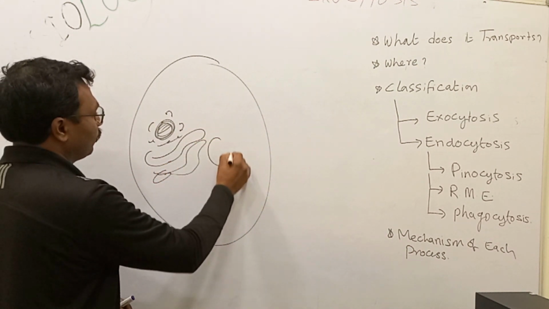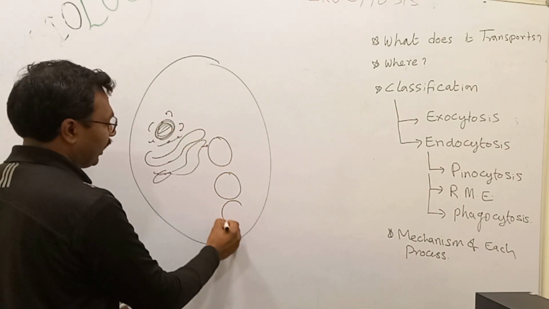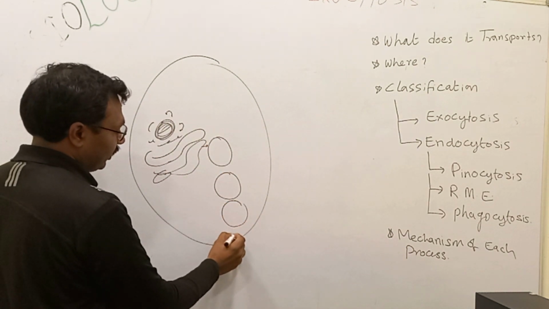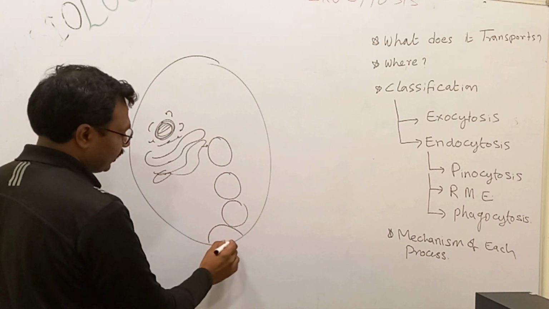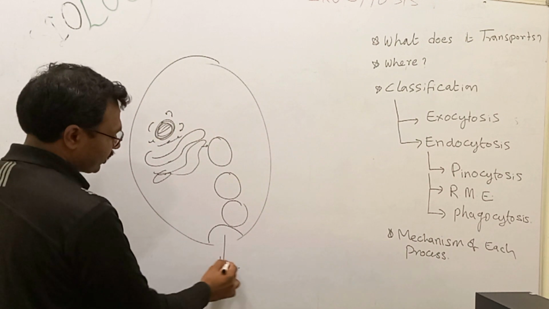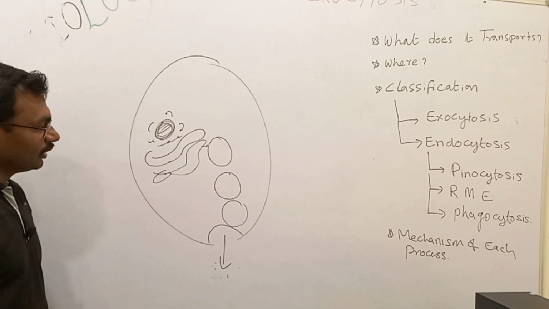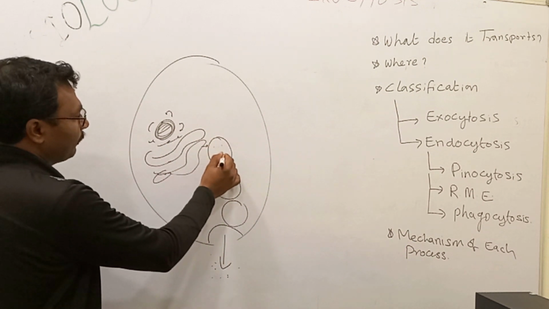It pinches off one vesicle from the Golgi apparatus, and then this vesicle gradually reaches the peripheral part, and then this vesicle releases its contents into the interstitial fluid. This is how the exocytosis process happens. So the vesicle is loaded with the contents.